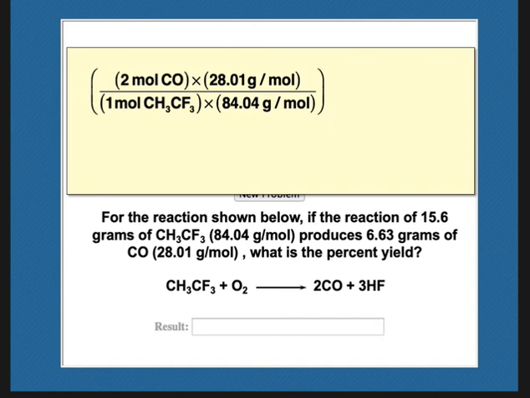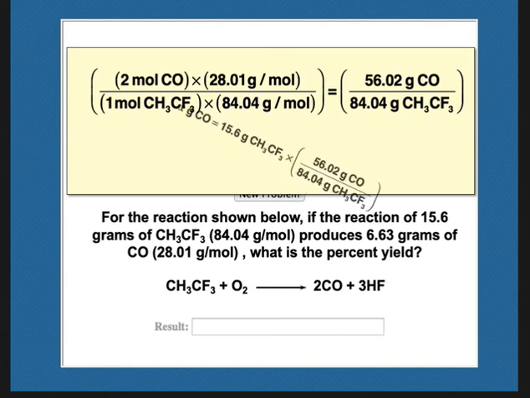This is our mass ratio, 2 COs for every 1 trifluoroethane. Multiply this by its molar mass. Another way to say this, 56 grams of CO from 84 grams of trifluoroethane. That's what the mass ratio tells you.